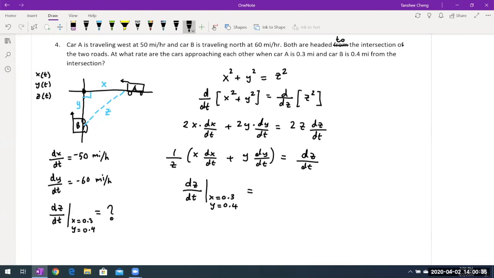Therefore, this will give me 1 over z, we don't know the z value, that's what we need to find out, times 0.3 times the rate of change in the horizontal direction, which is negative 50 miles per hour, plus 0.4 times the rate of change in the vertical direction toward that intersection point, which is negative 60 miles per hour.